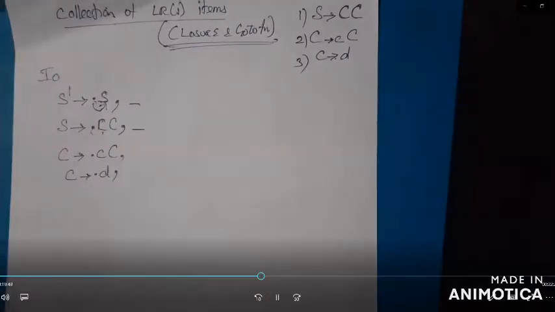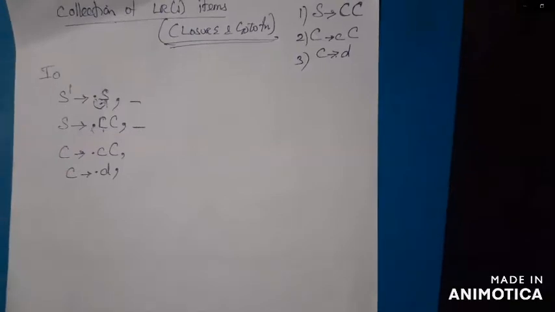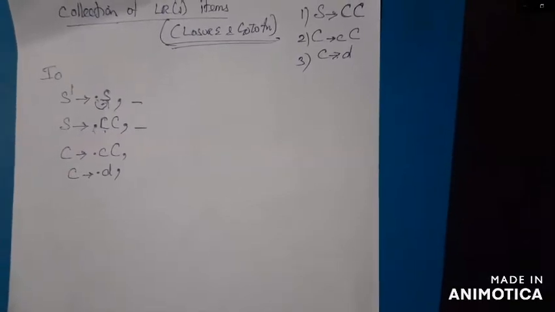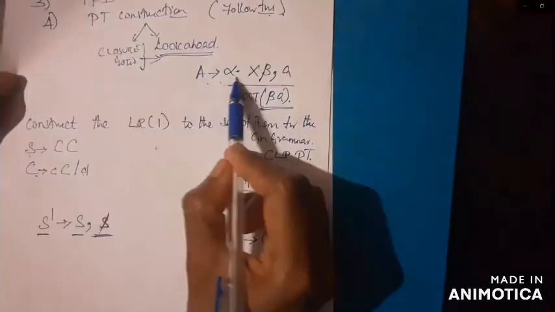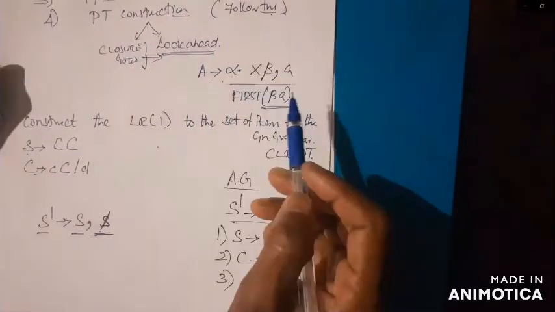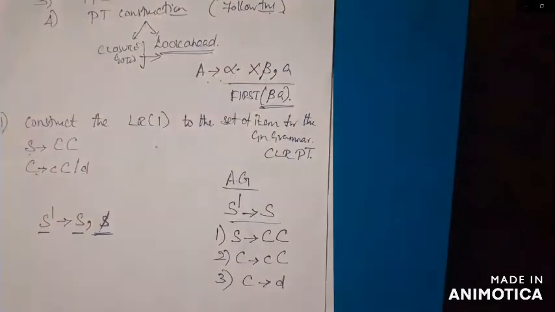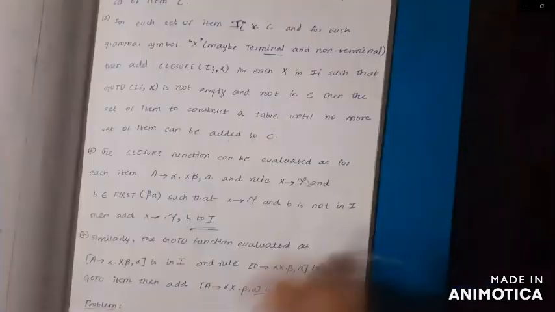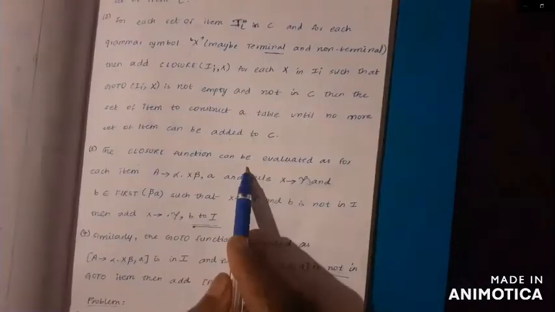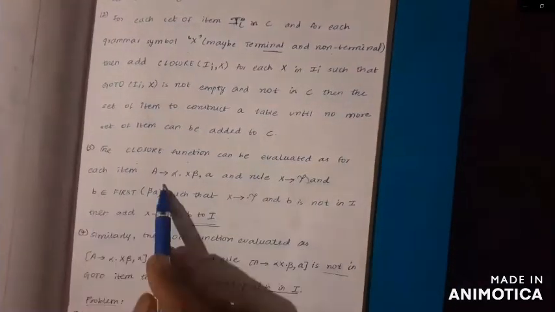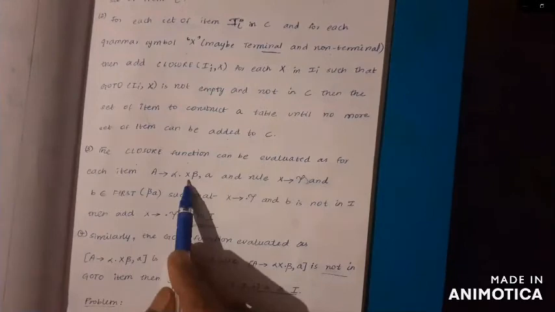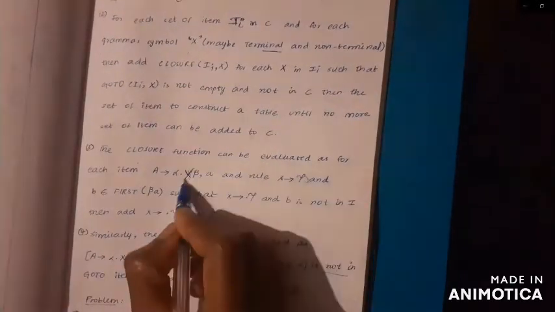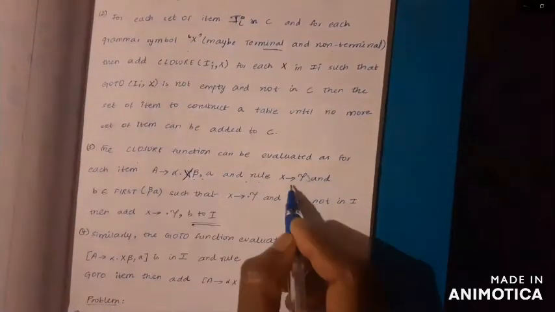So how to check the lookahead symbol? Here you have to check the lookahead symbol as previously informed: A tends to alpha dot X beta, comma a. The rule is that the closure function is evaluated for each item A tends to alpha dot capital X beta, comma a, and the rule X tends to dot gamma.